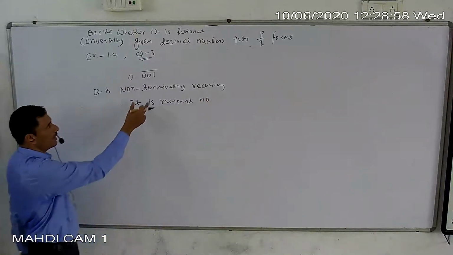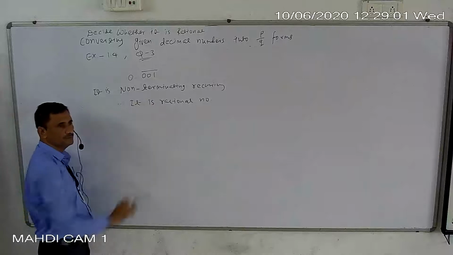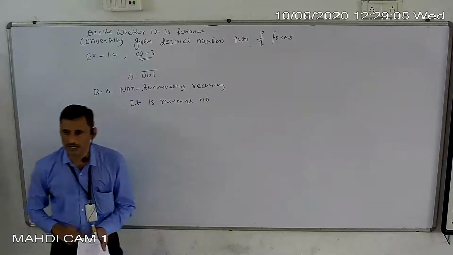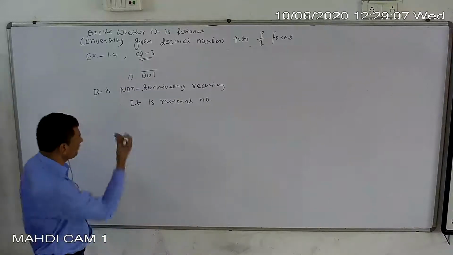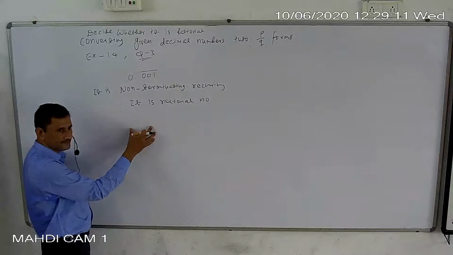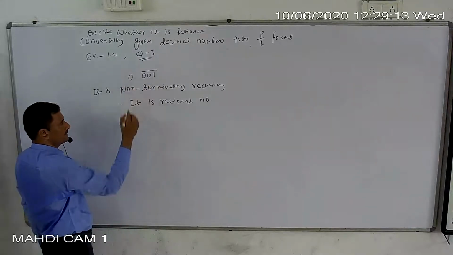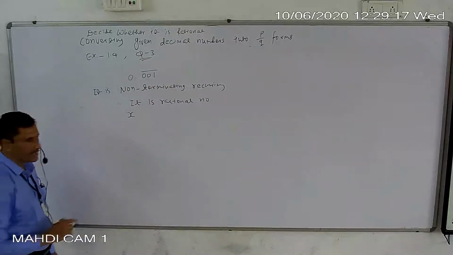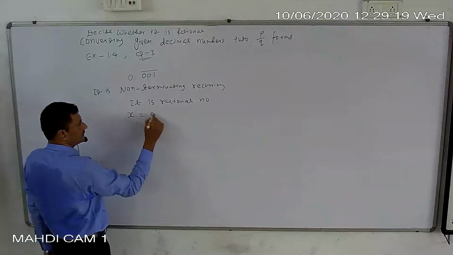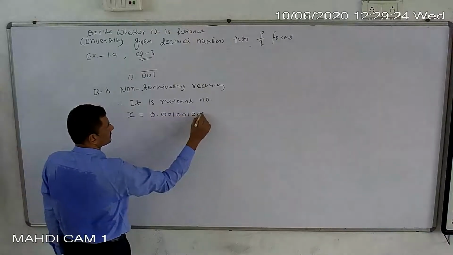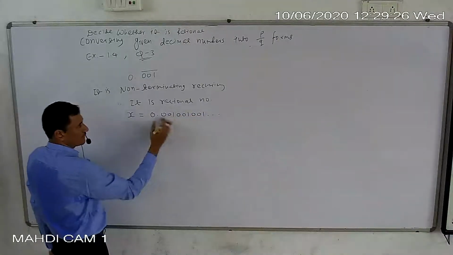Now, how to go ahead? That is new. Actually, a few sums you practiced in standard 9, but still, for more practice, we start as it is new for us. So now write down this number. Suppose that number be x. Write it this way: 0.001001001, repeating 3 or 4 times.